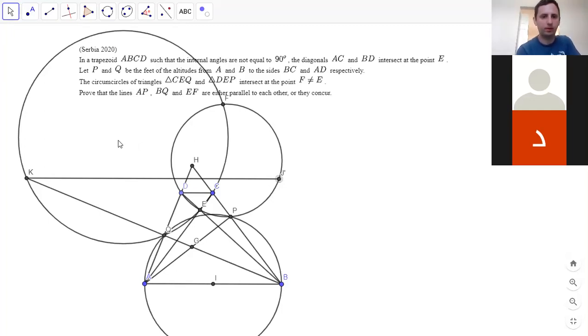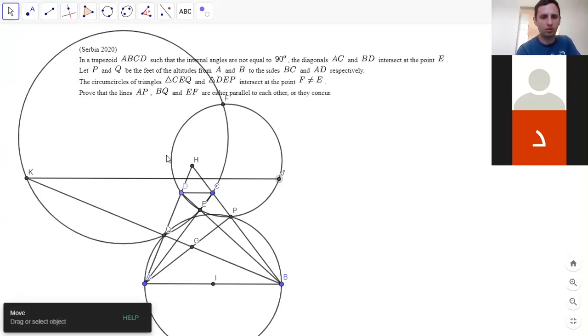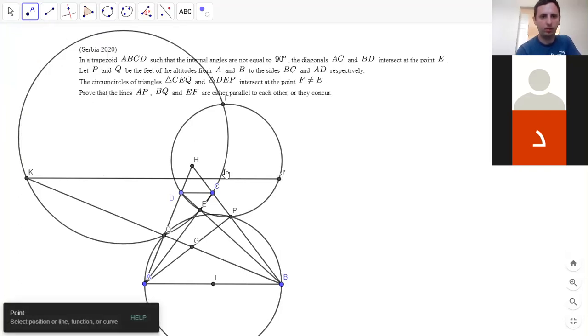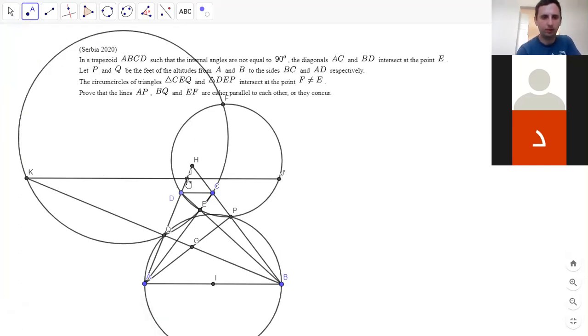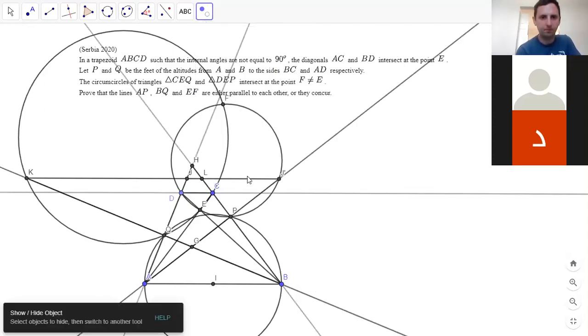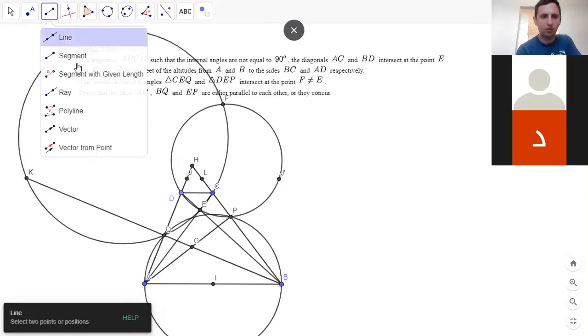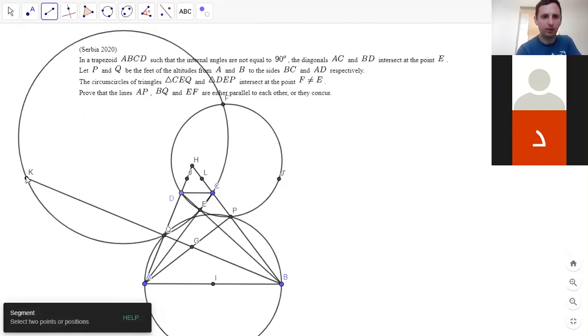What if I did this? So, what if I labeled these 2 points right here? What if I drew both parallels?